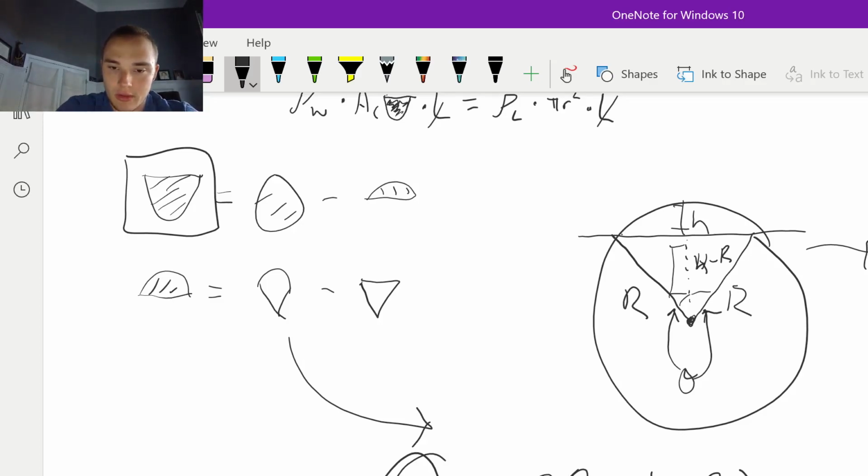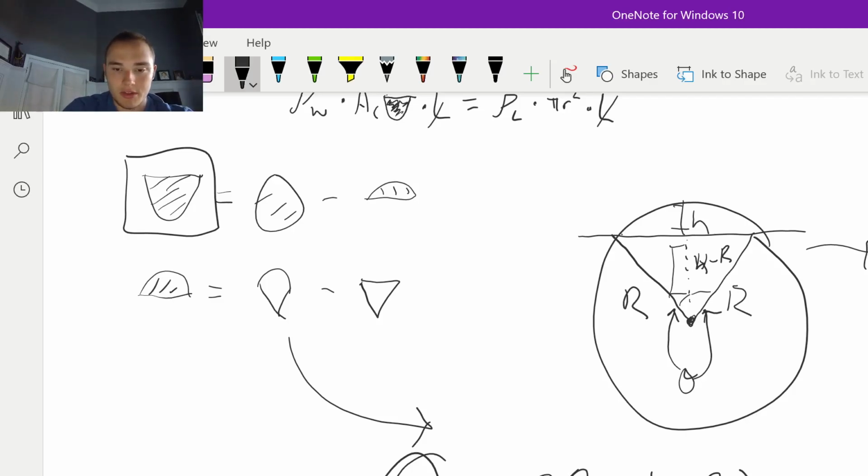Theta is equal to inverse cos of the adjacent, h minus r, over the hypotenuse, r, and then we can put that back into this equation. So the area of our section of the circle is equal to the inverse cosine of h minus r over r, times r squared.